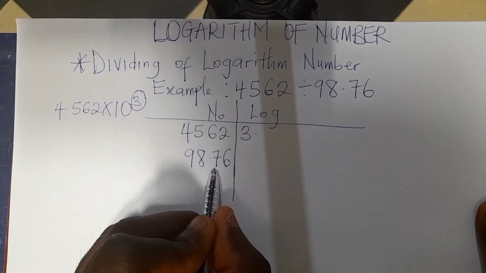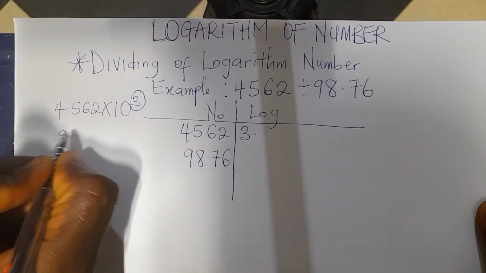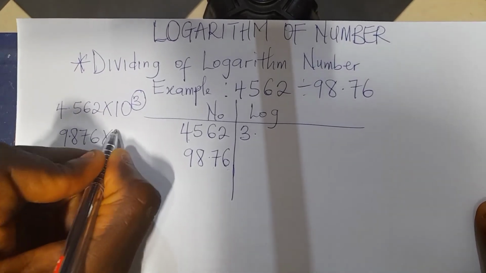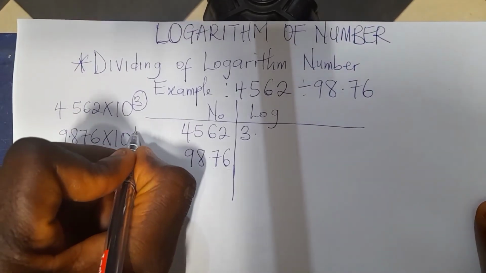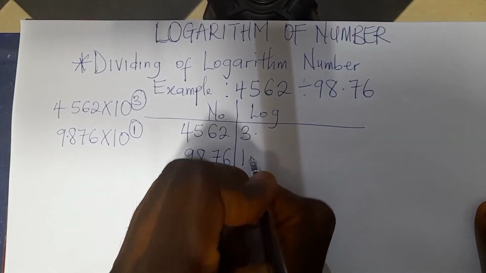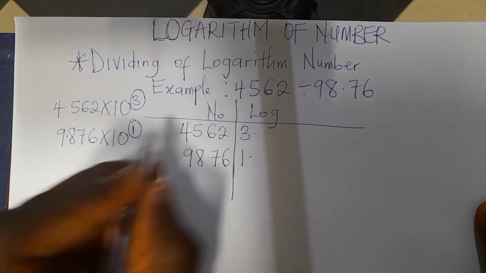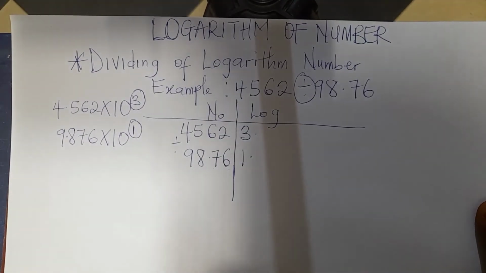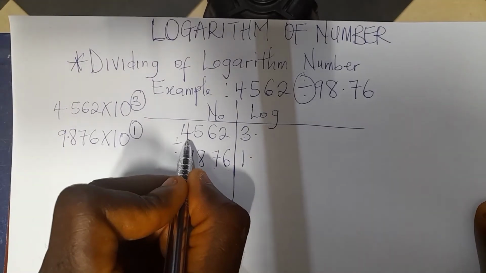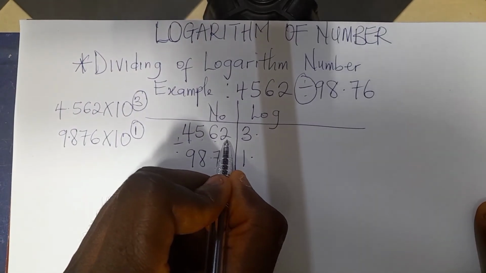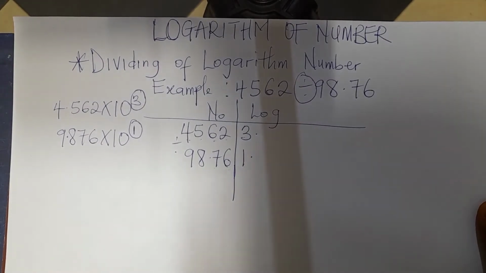Taking this to standard form, we have 9.876 times 10 raised to power 1. We're focusing on the power, so we have 1 point. Now this is a division sign. So we are looking at 45 under 6 difference 2. What's that giving us?